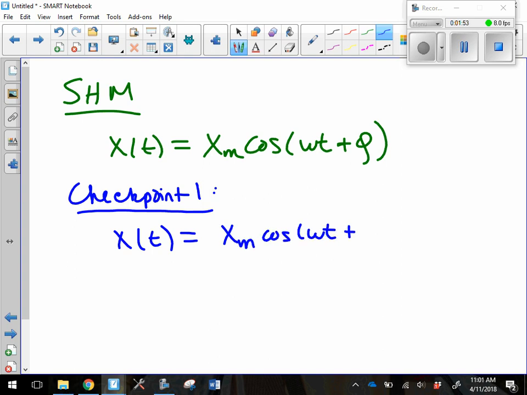We came up with a specific equation using the initial conditions that we solved for. Plus pi. We used the initial conditions and actually figured out what that phase constant had to be. And then we did part A.